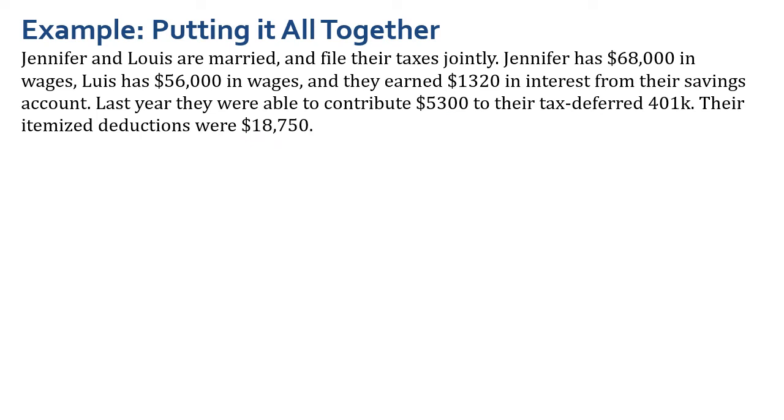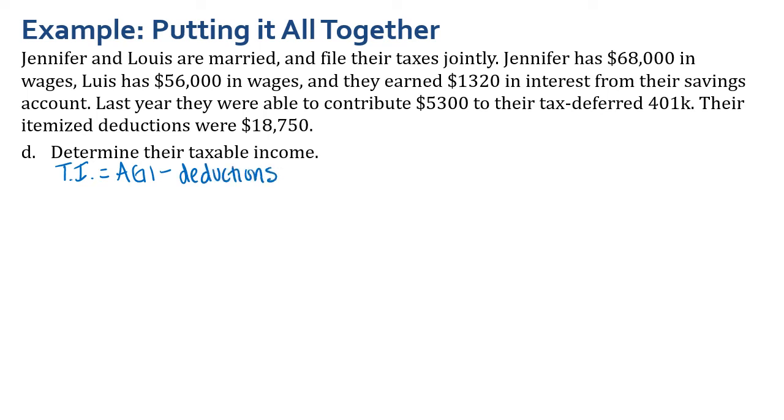So to continue going on with this problem, determine their taxable income. Remember that taxable income is you take the adjusted gross income and then you subtract any deductions. In this case, we decided to take the standard deduction.